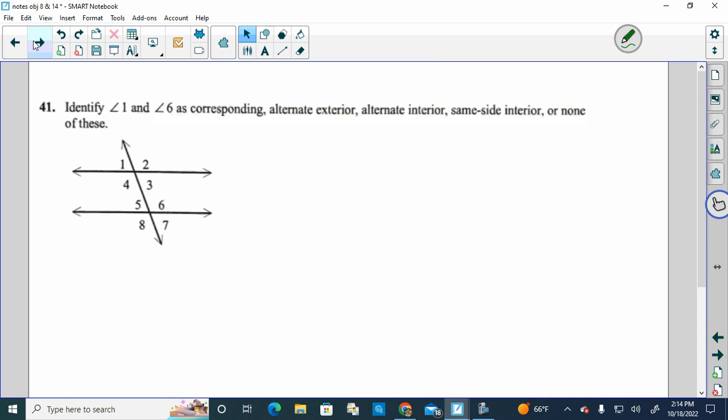And really, you only need to put 1 and 6 in your sketch, because that's the only ones they're asking about, where the location of it is. And you can abbreviate on these if you want to, kind of like what we did on the other.